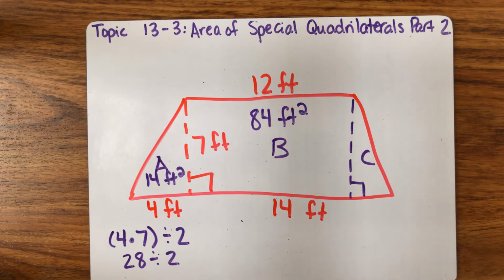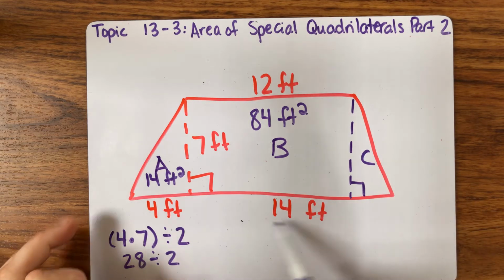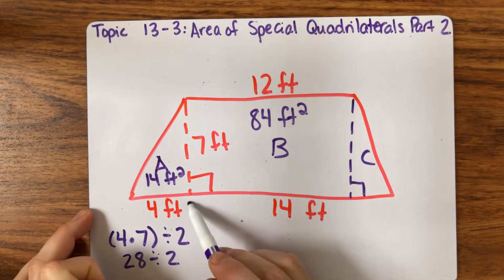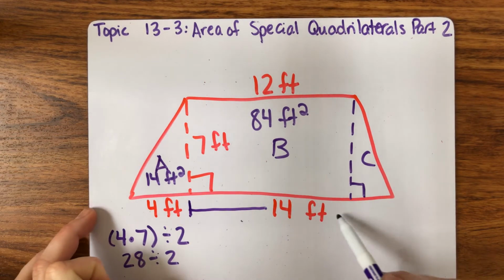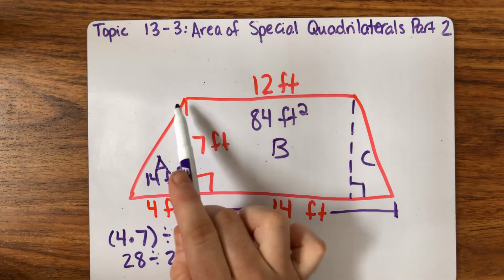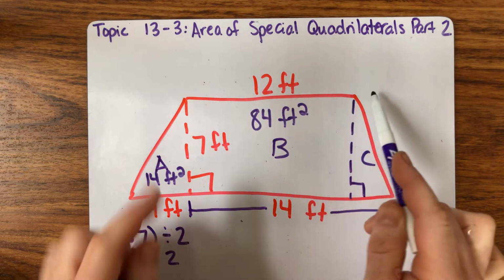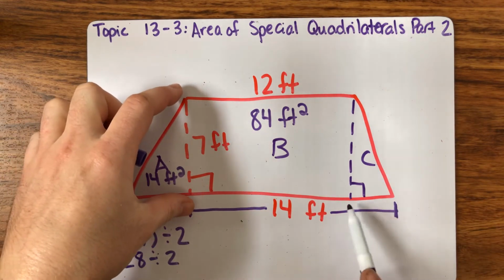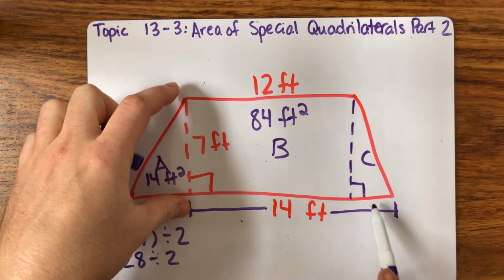Now we need to figure out the dimensions for C. So let's see. For this one it's a little different. They're not saying the whole thing's 14. They're just saying from here to there is 14. And if this is 12, just from here, and then this little sliver gives us 14, what should this base be?